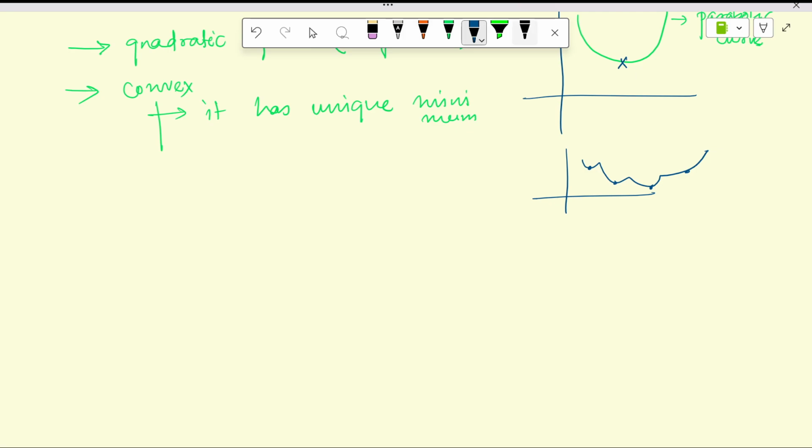So some advantages here are, let's say, it is convex, so it has a unique optimal point.